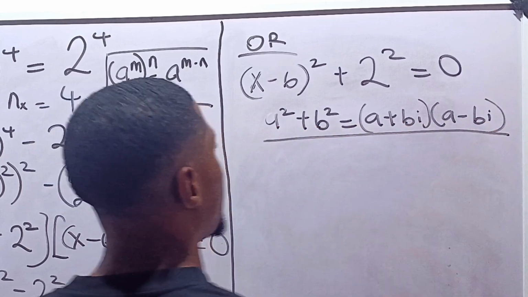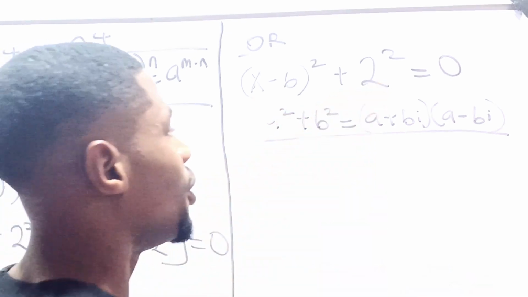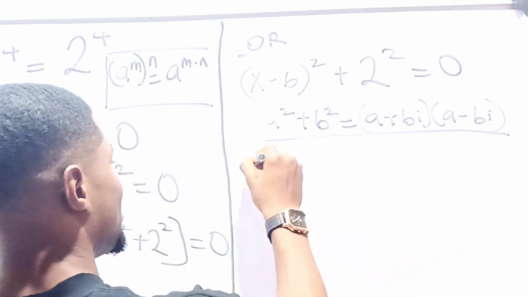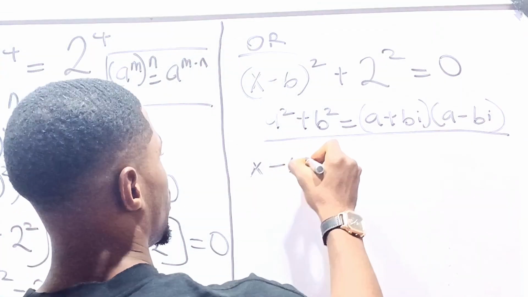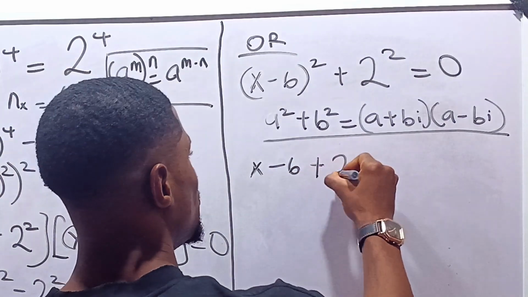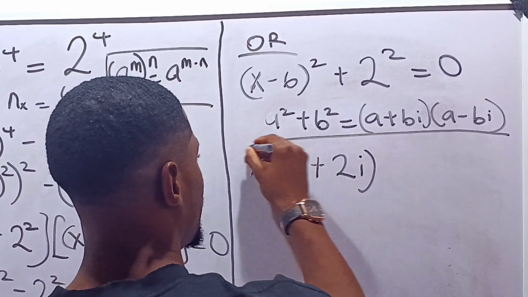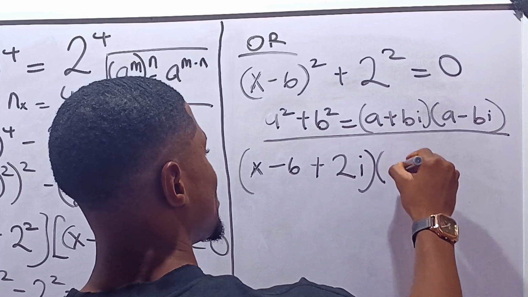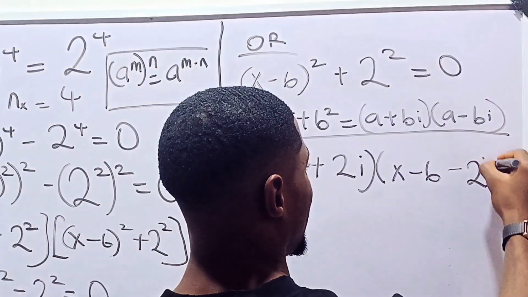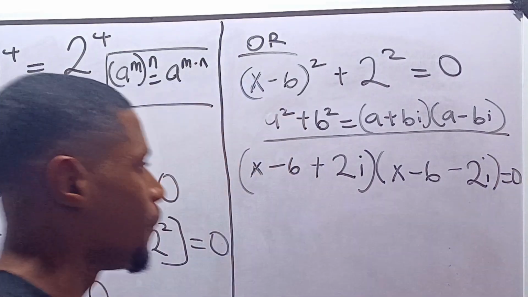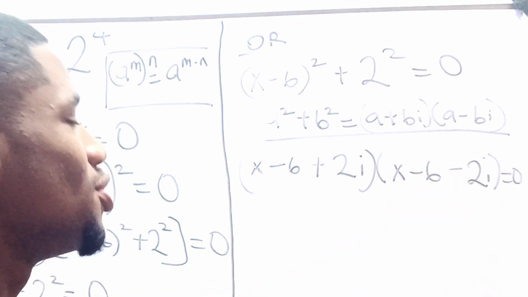So using this law here, we have (x − 6 + 2i) into (x − 6 − 2i), and this is equal to 0. Okay, so we have a plus bi, or this minus bi, is equal to 0.